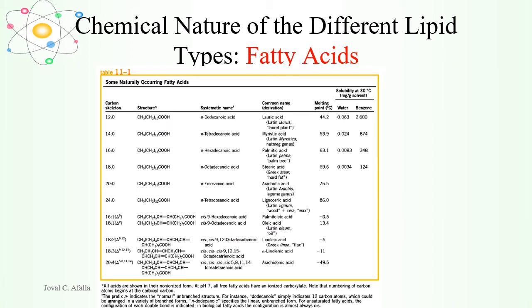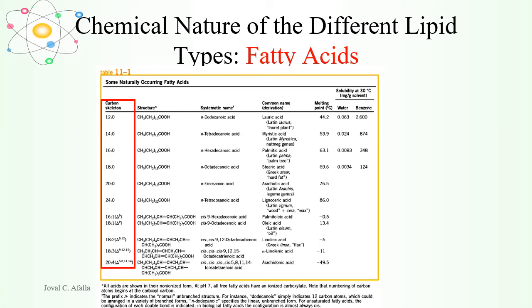Here's a table that I found from another source showing the properties of some naturally occurring fatty acids, emphasizing the derivations of their common names, the melting points, and other properties. Once again, the first column is just showing the carbon skeleton.